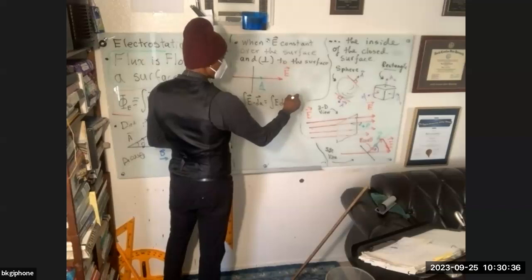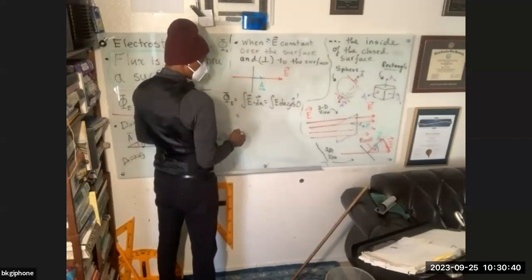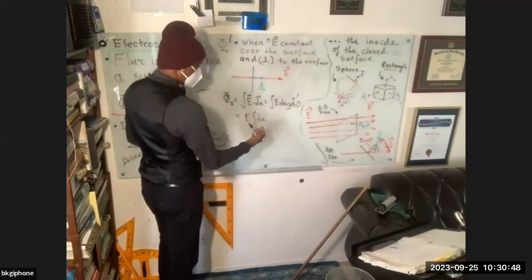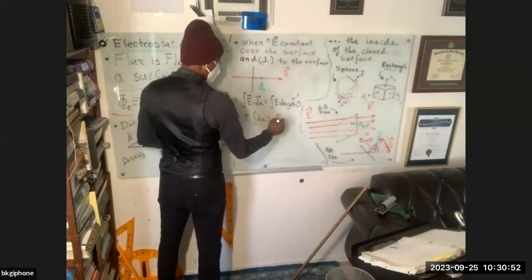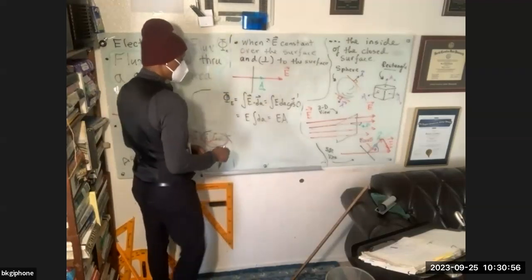So cosine of 0 becomes 1. E is a constant, so it comes out of the integral, and you just have E times the integral of dA. But the integral of dA is just A, so the flux becomes E times A: the magnitude of the field E times the magnitude of the cross-section area.